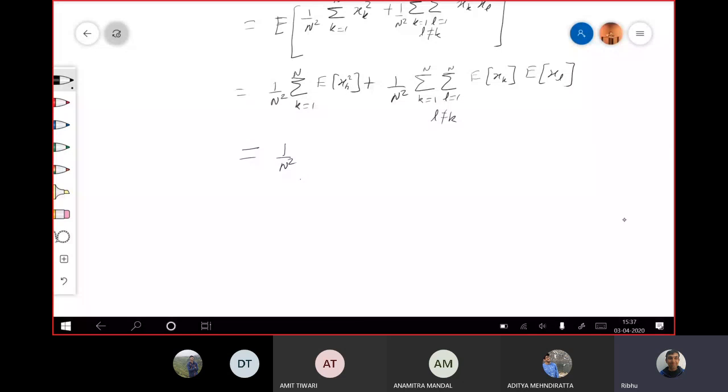The mean squared value is the square of mean plus the variance, right? Plus 1 upon n squared into n minus 1. Mean squared equals 1 by n squared into n squared mean squared plus 1 by n squared into n sigma square, equals mu square plus sigma square by n.